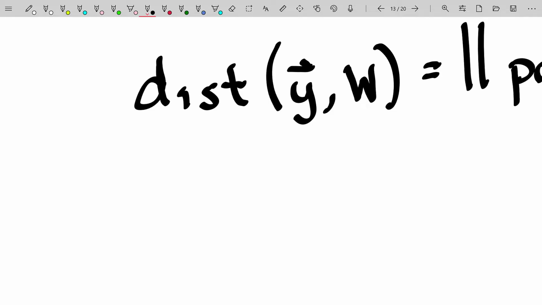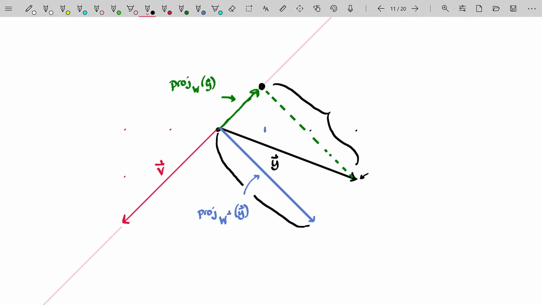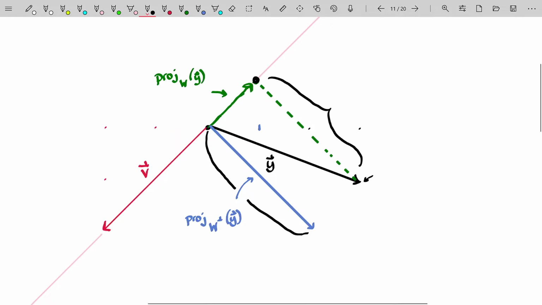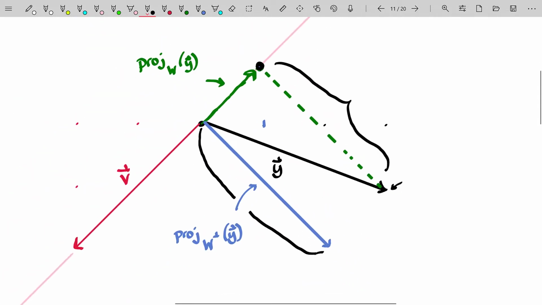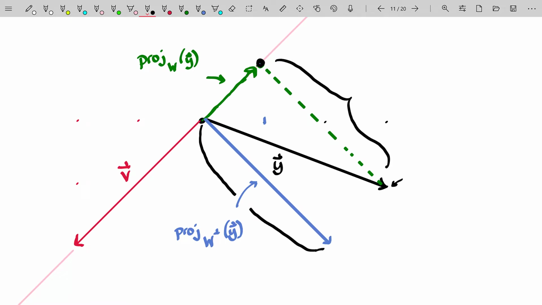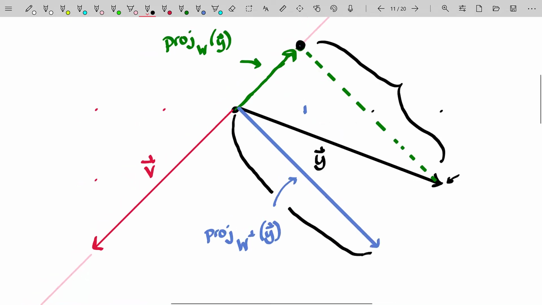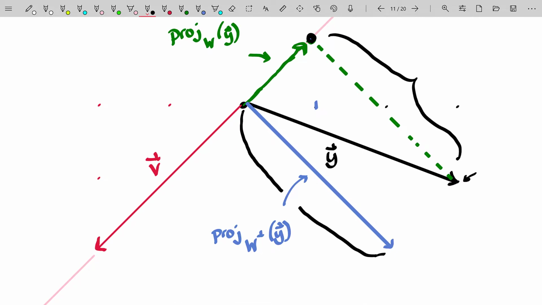Now I want to summarize here, and I think this picture is probably best for the summary. So somebody comes in the room and they hand you a vector y, and they hand you a measuring stick basically, which is how they're going to create their orthogonal space. They're saying, well, I have this vector y I want to write in terms of this vector v, sort of. I'd like it to be represented by orthogonal vectors.